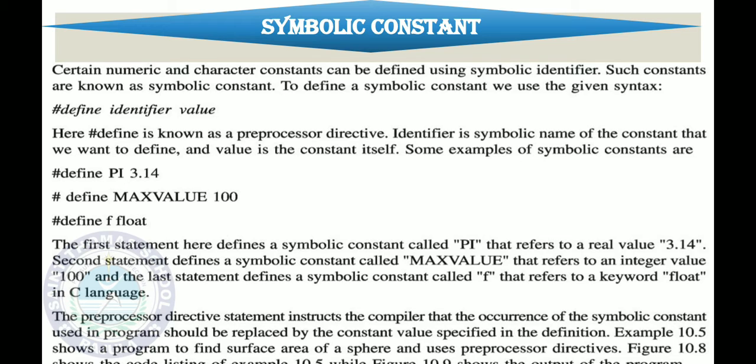So once we have written this line, after that there is no need to put 3.14 everywhere pi is written. If in your program you are using pi, then the compiler will automatically replace pi with the value 3.14.